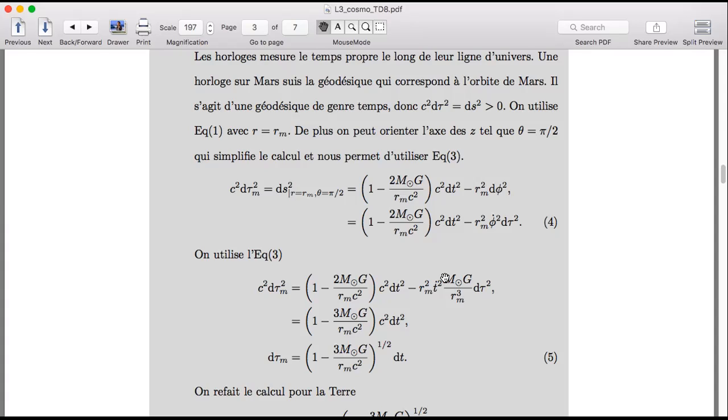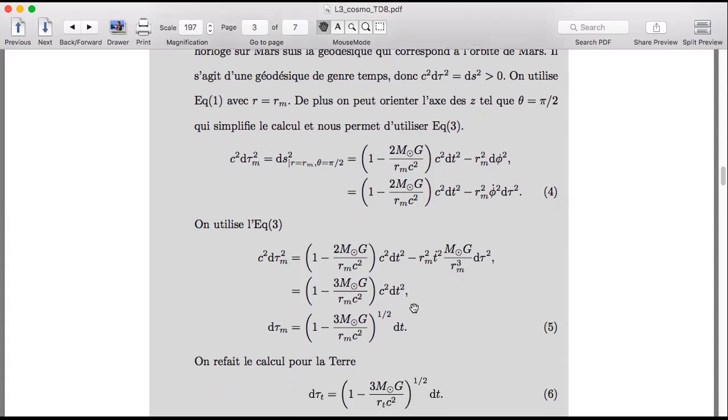I can multiply on top and bottom by c squared, so I have a common denominator. And so instead of -2 here, I have -3. So this just adds to this term here.